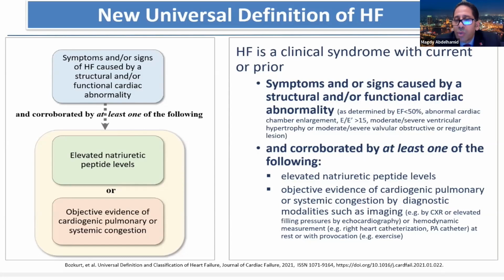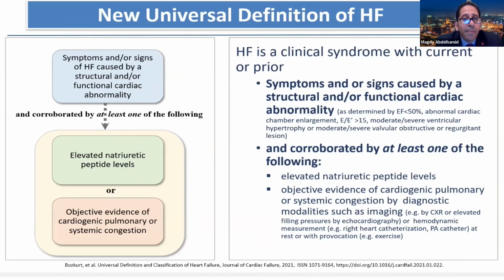In addition to the high level of natriuretic peptides, the objective evidence of cardiogenic pulmonary or systemic congestion can be identified by many imaging modalities, such as chest X-ray, elevated filling pressure by echo, or hemodynamic measurements by right-sided heart cath, pulmonary artery catheter, at rest or with provocation.